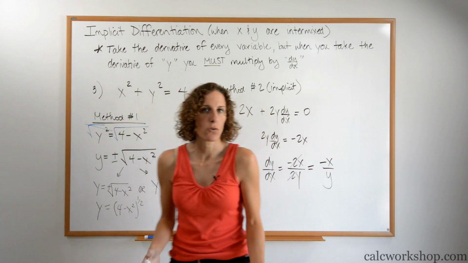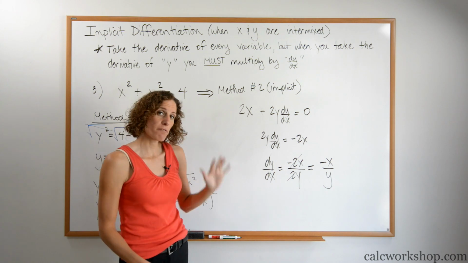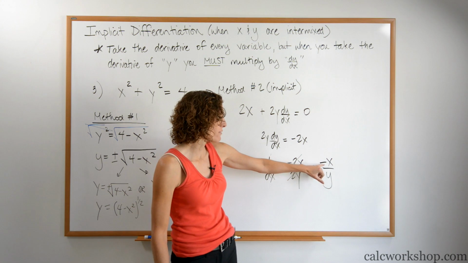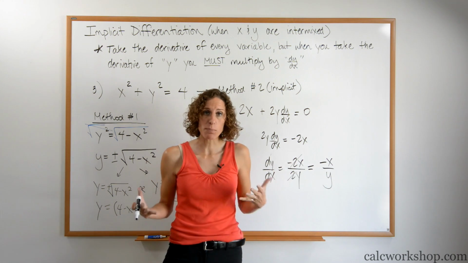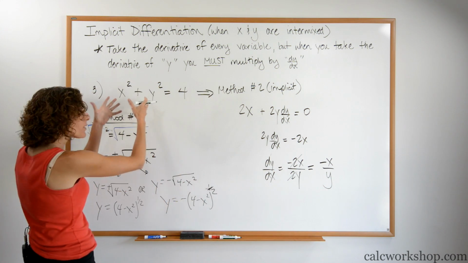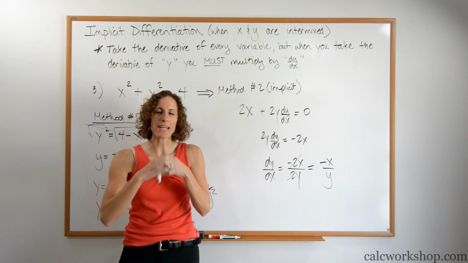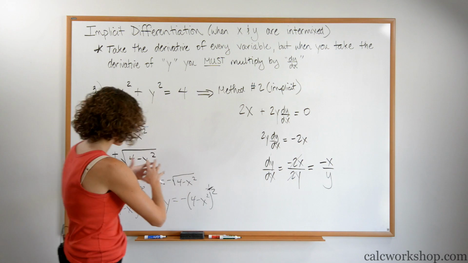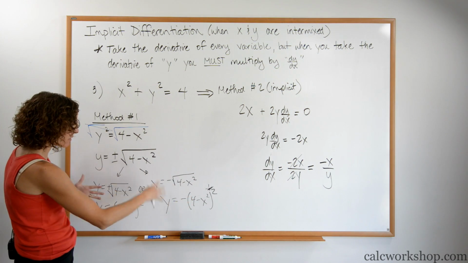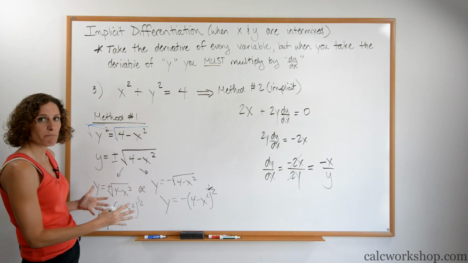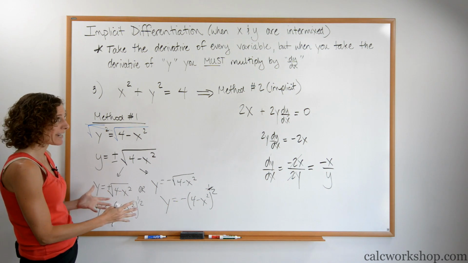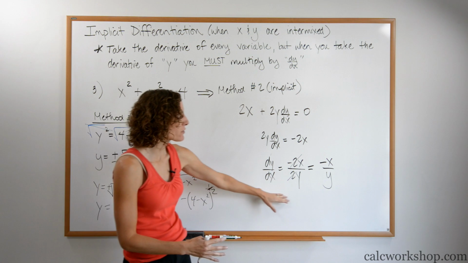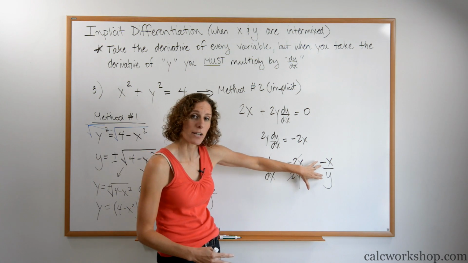That's very interesting. What we're seeing is that for the very first time, a derivative equals a function of x and y. And that's because the original problem was a function of x and y intermixed. So we can separate them and take the derivative of two things, and it's going to be crazy and messy with all this algebra and extra work, or we leave them the way they are and get a function where x and y are still intermixed.